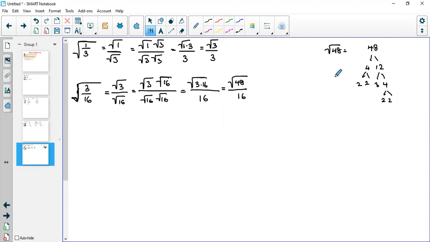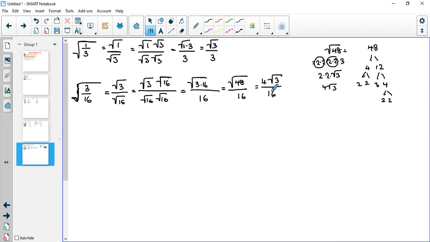So that would mean we will have 2 multiplied by 2 multiplied by 2 multiplied by 2 multiplied by 3. So group them as 2's. So we have 1, 2, another 2, and this goes inside the square root. So that would mean this is 4, the root of 3. So we will write this as 4, the root of 3 over 16.